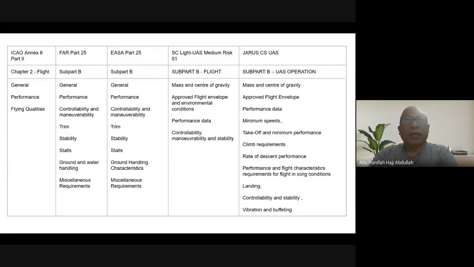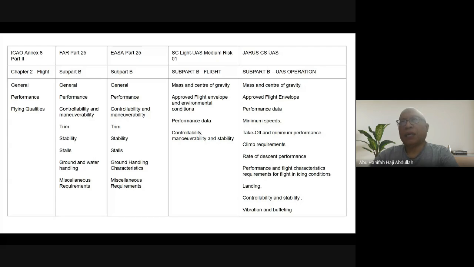And then the state, most states, for example the US and the EU, publish their own, they call it national standards on this airworthiness, and they publish for large transport aeroplane FAR Part 25 in the US, and the EASA CS Part 25 at EASA for the EU. And they don't call Chapter 2 flight, but they name it as Subpart B flight.